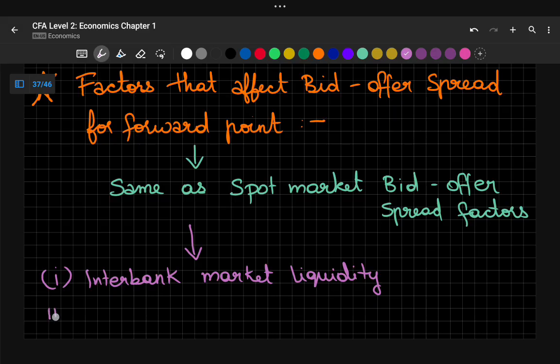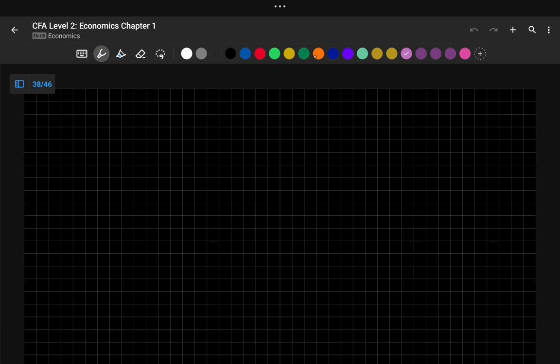The second factor would be currency pair involved. Currency pairs that have high volume trading have thinner bid offer spread. If it is not having that much volume of trading, then it will have wider bid offer spread. Then again, size of the transaction also matters. For very high value transactions as well as retail transactions, bid offer spread would be wider.